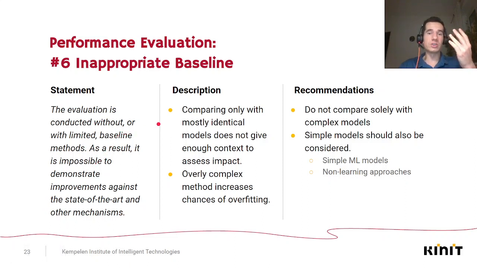That the researchers mostly compare with identical models and do not give enough context to assess the impact of the proposed method. And when you compare only with similar methods, which are mostly overcomplicated or very complex, we increase the chance of overfitting. So the recommendation is that we shouldn't compare solely with complex models, but more simple machine learning models or even non-learning approaches should be considered when we evaluate our work.